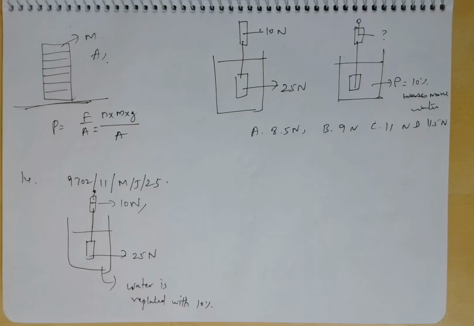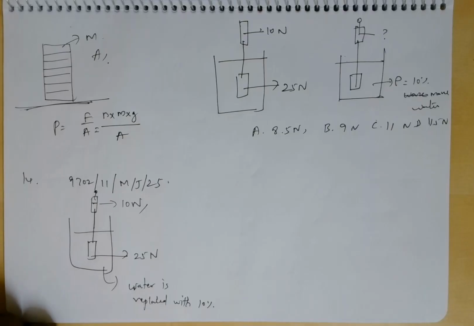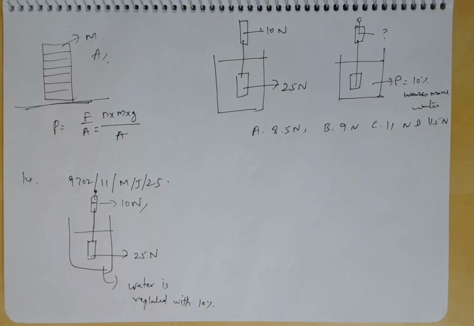But here it is not. Your math is right, but it should be the resultant force. 10 percent of 25 minus 10. Yes, 15 Newton. What is the 10%?